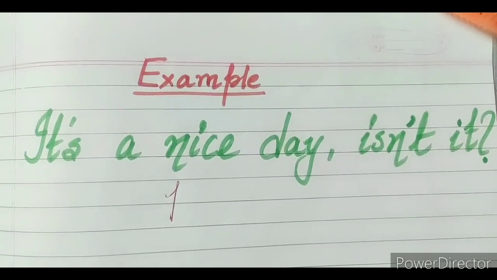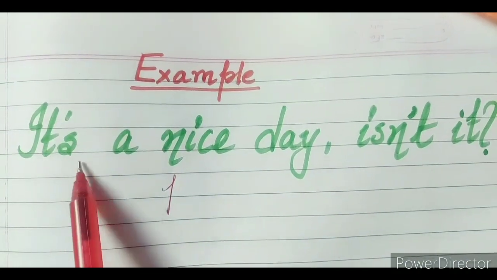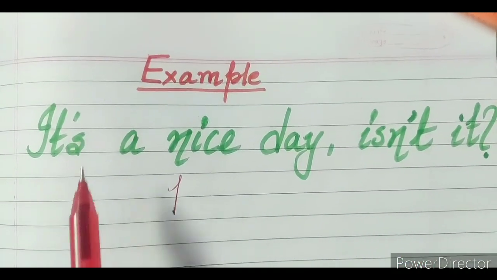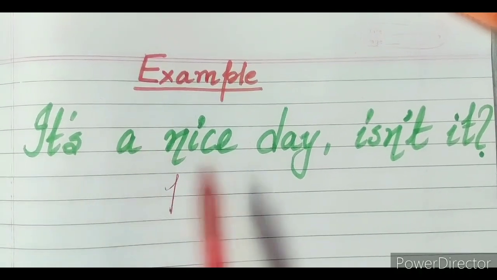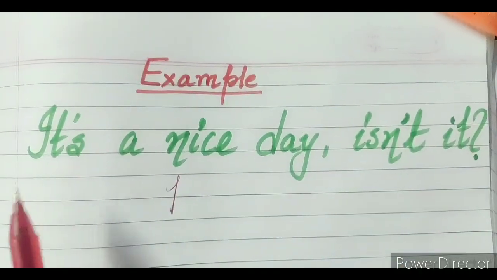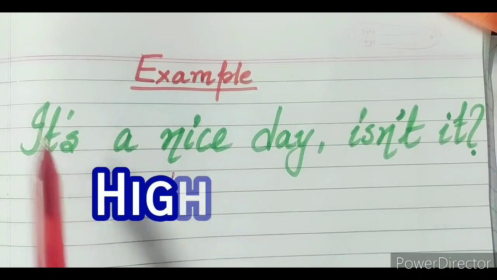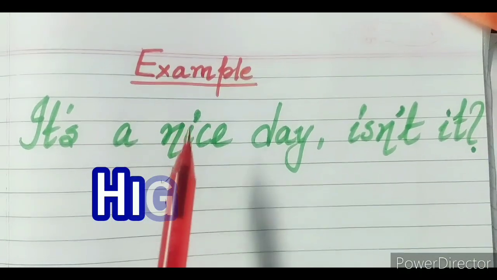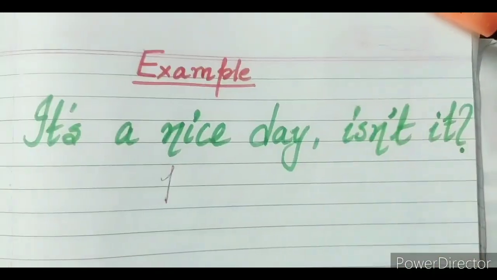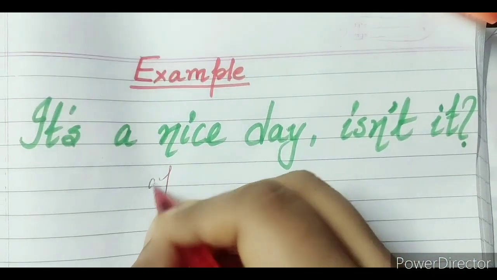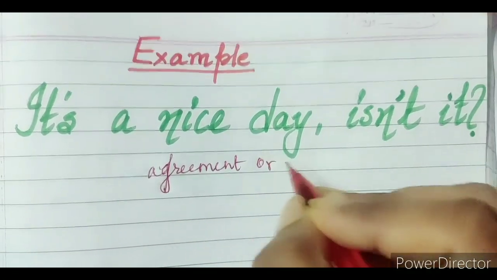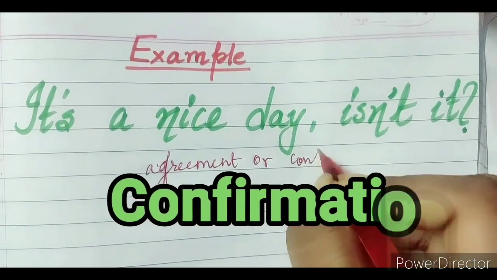Now children, let us look into the next example. It's a nice day, isn't it? You just see the way I say. I repeat again. It's a nice day, isn't it? So you saw that my voice is going from high to low, which means that either I am seeking agreement or confirmation.